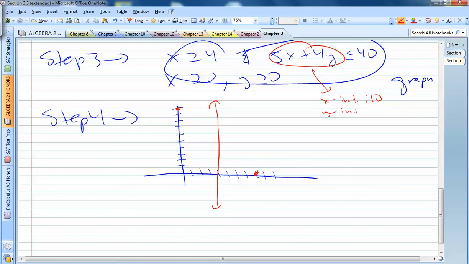Y-intercept was when x equals 0. Actually, that's the other way around. 8 and 10. And we're going to shade below that line. And of course, this is x greater than or equal to 0, y greater than or equal to 0. So it seems like the shaded region will probably be somewhere in here.